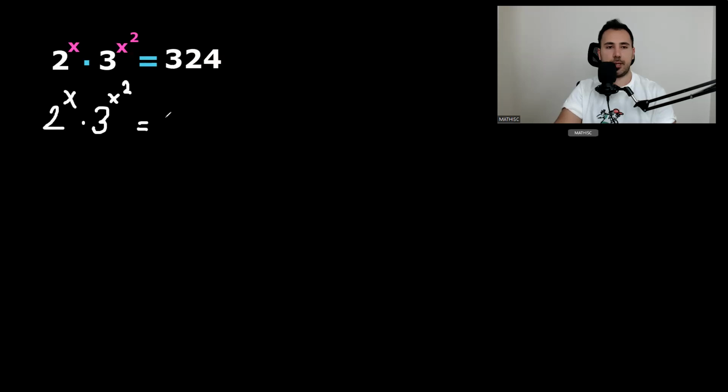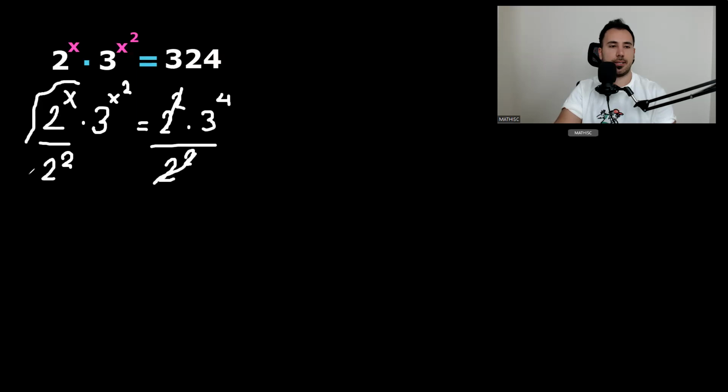So 2 to power of 2 multiplied by 3 to power of 4. So both sides divided by 2 to power of 2. This will go with this, but what would be this side?